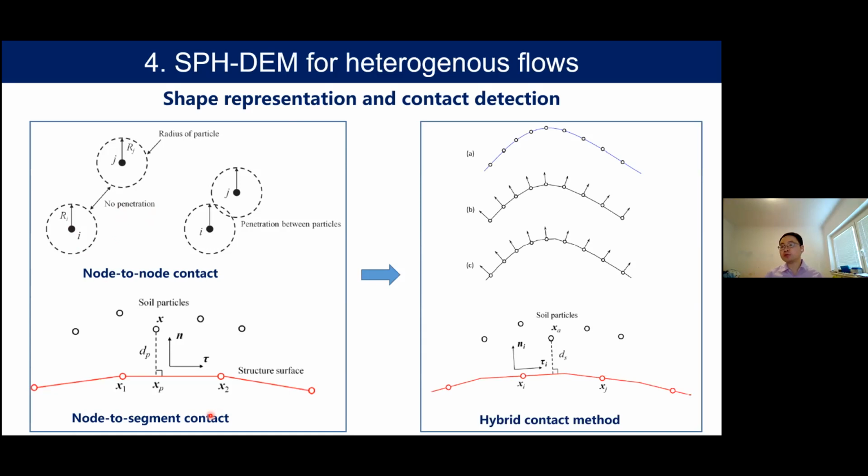So we have a hybrid contact method, which means we compute the contact normals based on the particles, not on the segments. Then you can easily identify the contact relation and compute the contact force.